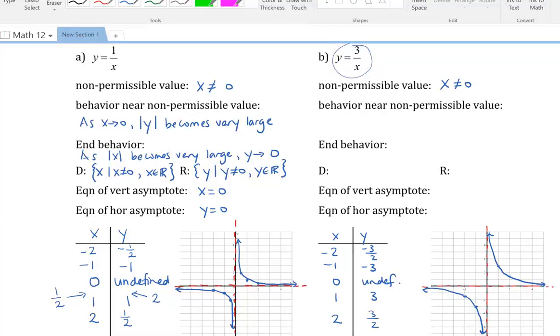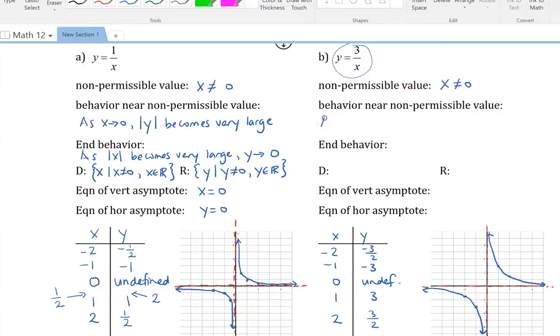Now you can see if we compare the 2 graphs that the right graph looks just like the left one, except that it's expanded, it seems a little bit further away from the origin. When we take a look at the y values, we can see all of the y values are multiplied by 3. So actually the graphs are almost the same, except it's 3 times larger in terms of the y value. So in terms of what's happening with these features here, everything actually is identical.